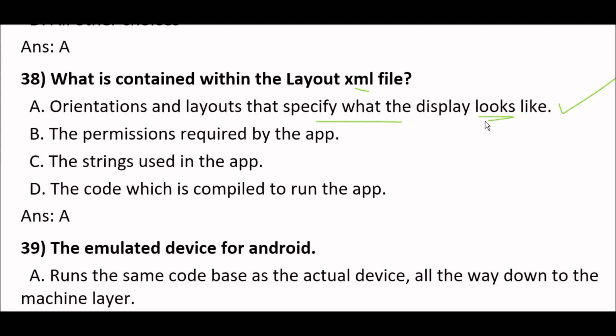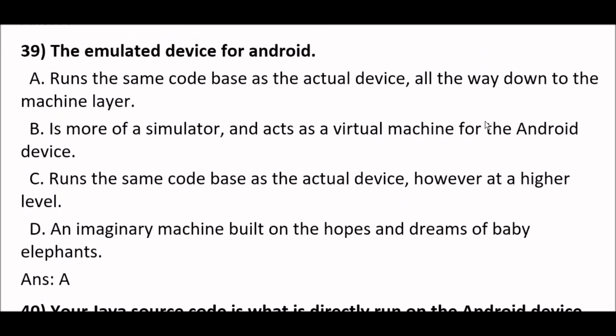Okay. Next question. The emulated device for Android: Option A runs the same code base as the actual device all the way down to the machine layer. Option B is more of a simulator and acts as a virtual machine for the Android device. Option C runs the same code base as the actual device, however, at a higher level.